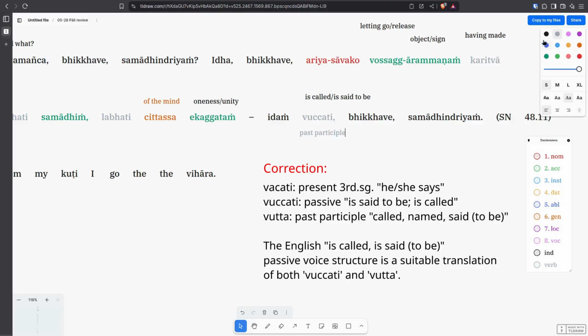This is the past participle from vacati. So this past participle business is, in English you would say, he says, and then it becomes is said.